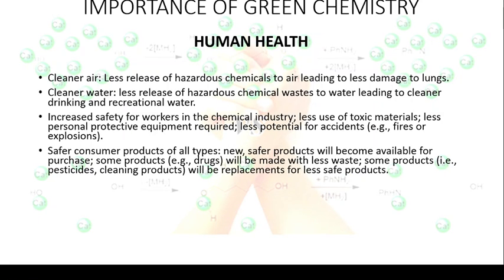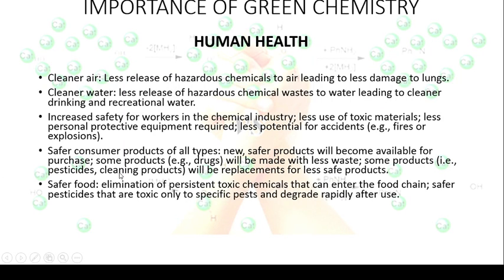It is safer for consumers to use the products, as consumers use the product after manufacturing. There is no harmful or hazardous product used in green chemistry, so it is very safe for the consumer.